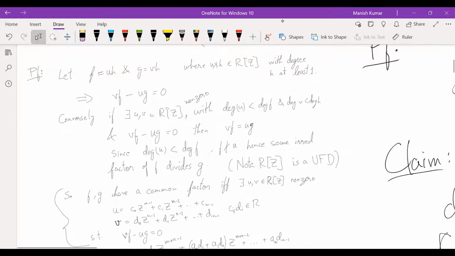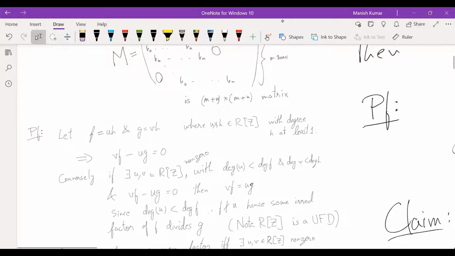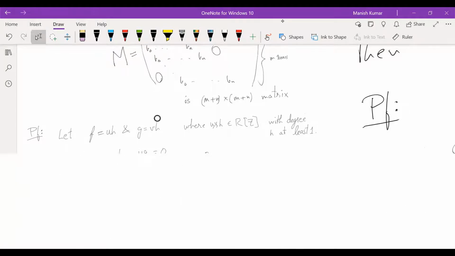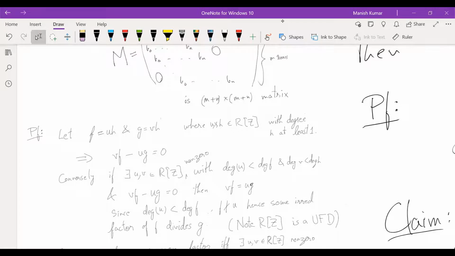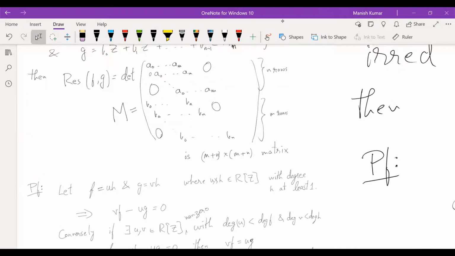The primitive form of the resultant is to check whether two polynomials have a common root or not. If f and g are polynomials over complex numbers and you want to check whether they have a common root, one way is to make out the resultant matrix and check.